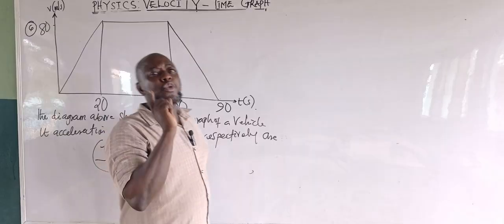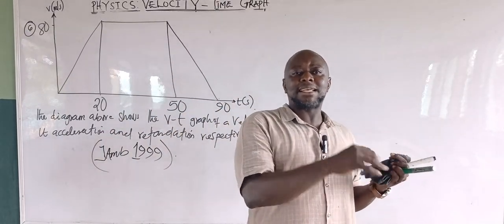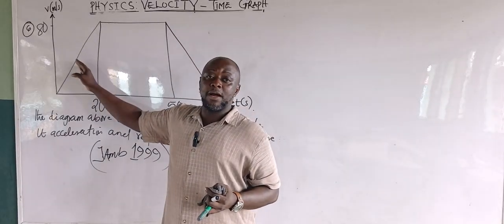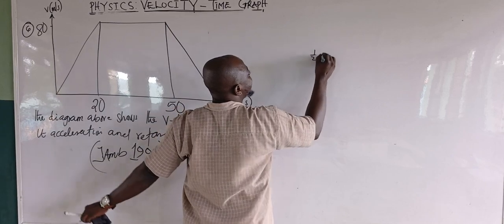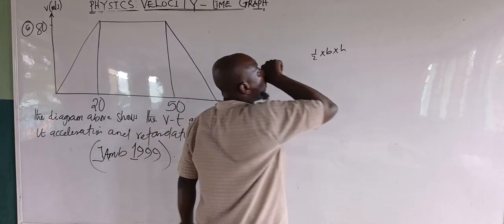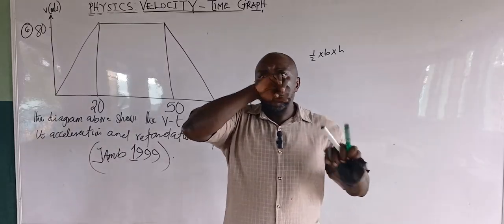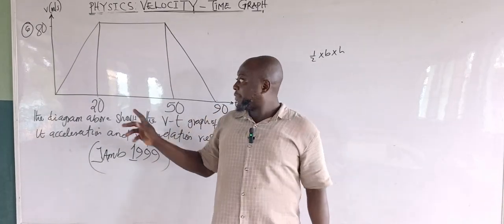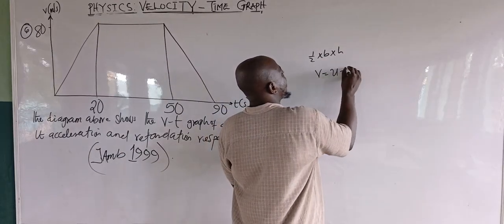And also note that, please, because we calculate the total distance, let's say we want to calculate acceleration now, we can use, for this diagram, half base times height. Please, also in science, whenever you do a thing like this and this thing is not in the option, you can also use V is equal to U plus AT.